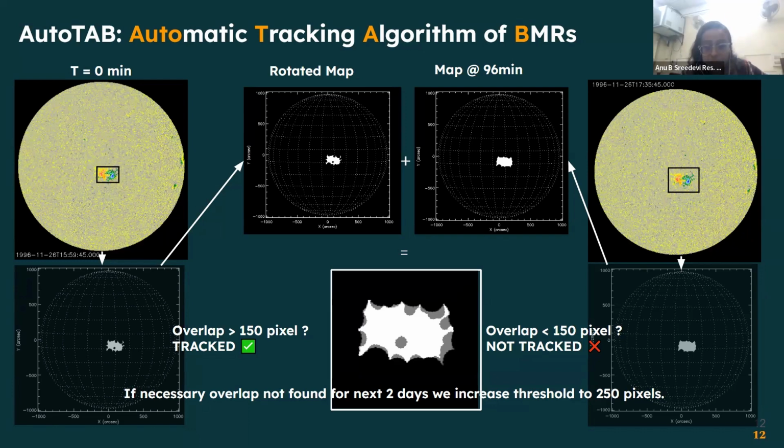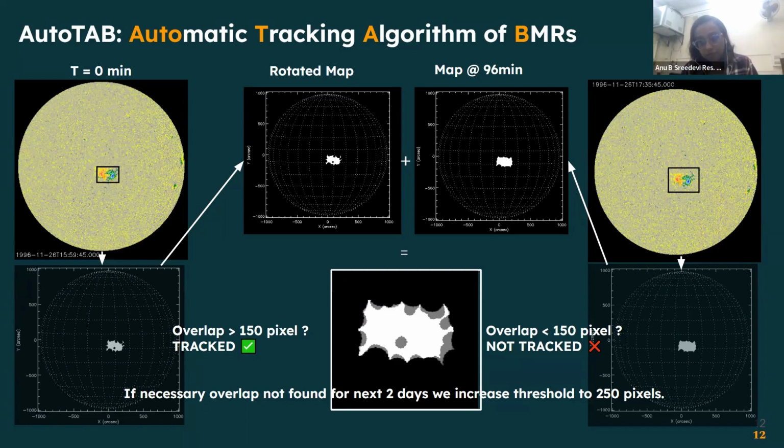No. So we started out with trying to accommodate the minimum possible. This is done by trial and error method, and we try to accommodate efficient tracking of even the small BMRs that our detection algorithm could detect. If you are using a different detection algorithm, I know that 150 pixels should be tuned, but I am working on an adaptive threshold where this overlap criteria will be decided based on the area of the BMR.